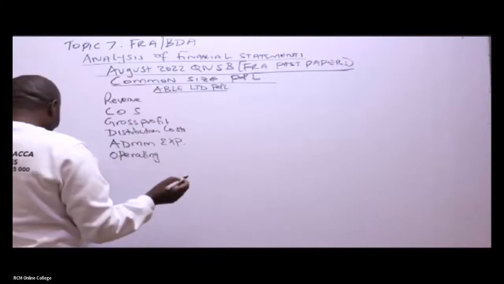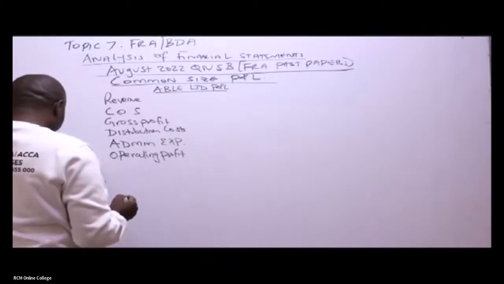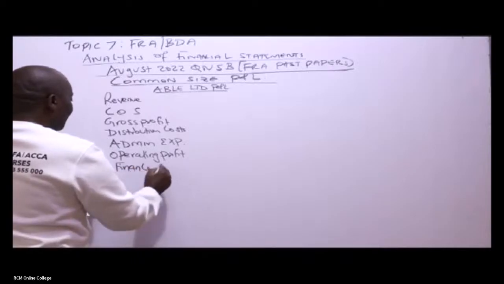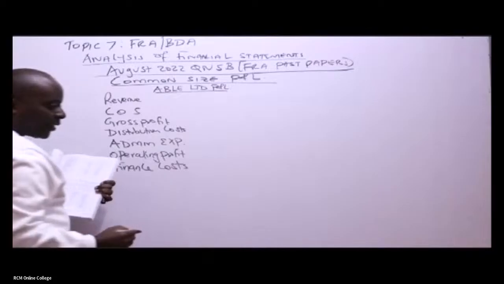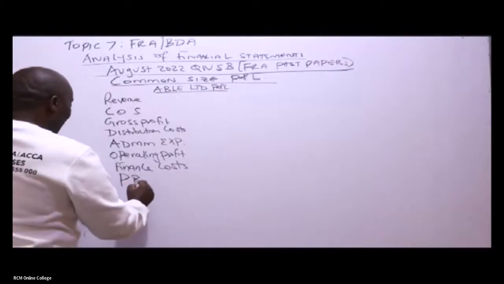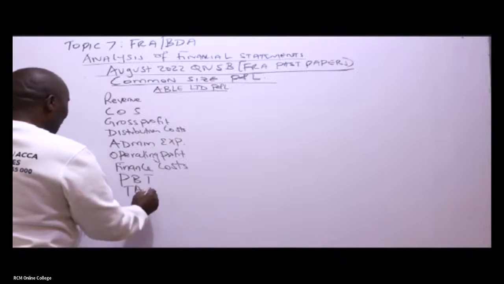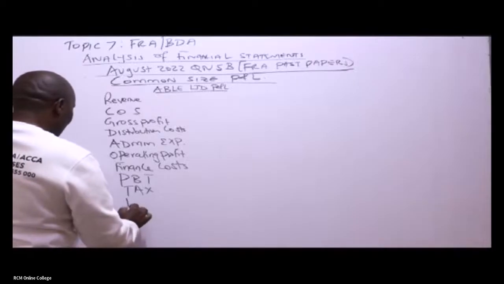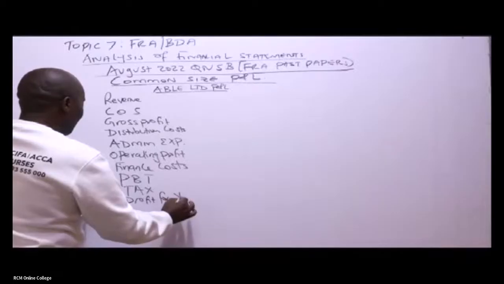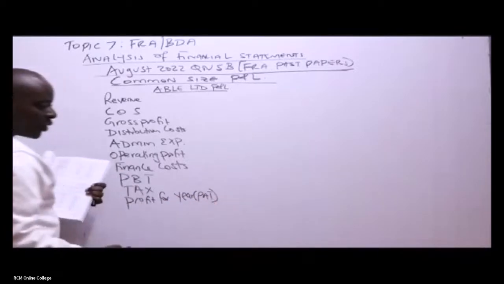Of course, the BDA students are very lucky because you are not copying anything. You already have the question. So we have operating profit, finance costs, a PBT, profit before tax, and then profit for the year, our PAT, profit after tax.